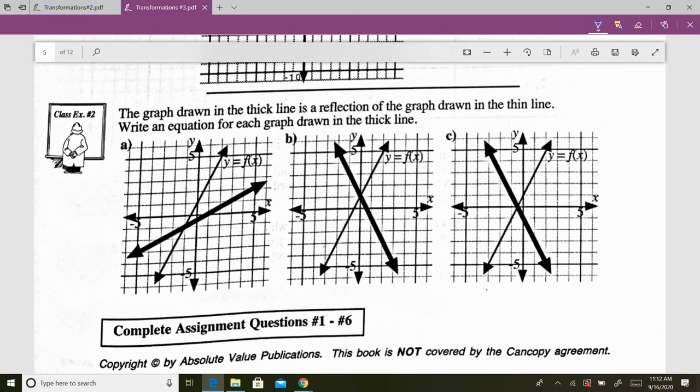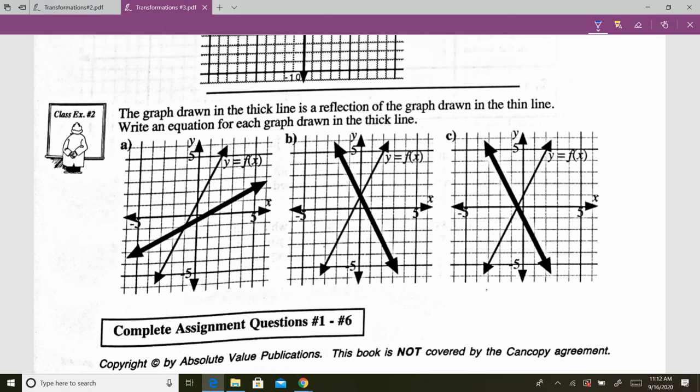What have we done in the first one? Just check it kind of in your head. Did we flip over the x-axis? If I took the thin one and I flipped it over the x-axis, would I get this thick line? This point here would move down to here, and it doesn't match.